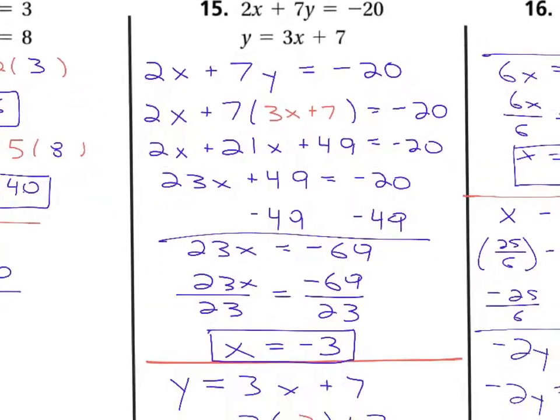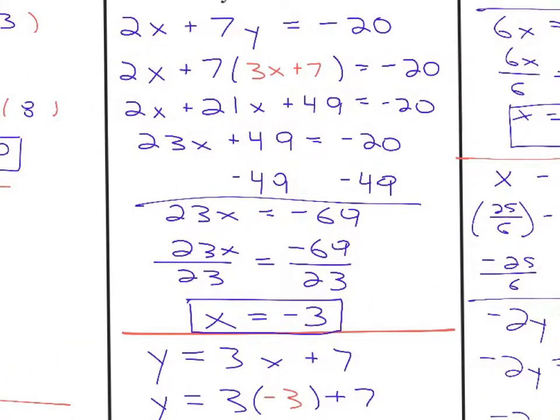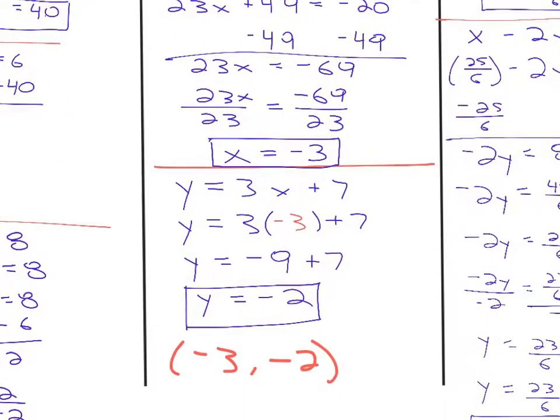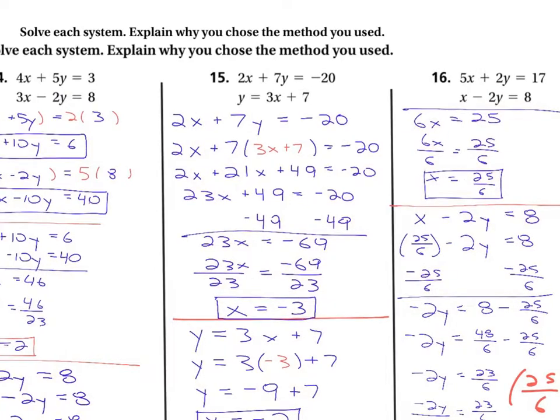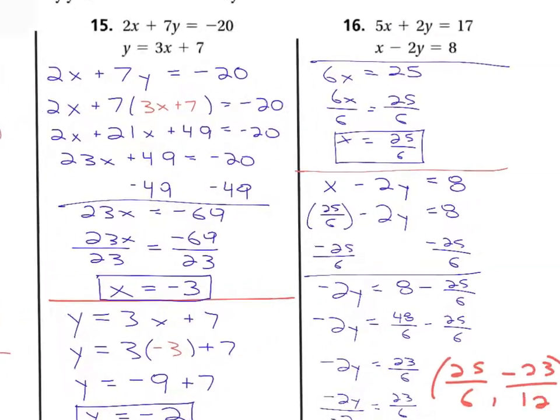Doing this, you get an equation with just x's, and then when we combine all the like terms and move everything to one side, we find out that x equals 3, and then, of course, substituting that in, we find out that y equals 2, and we get negative 3 comma negative 2. So that one seemed best suited for substitution because it was already solved for y.